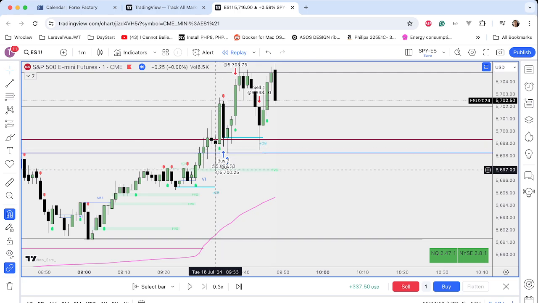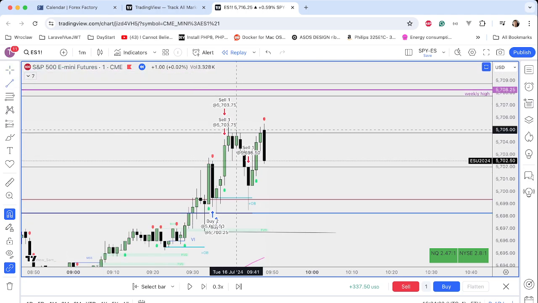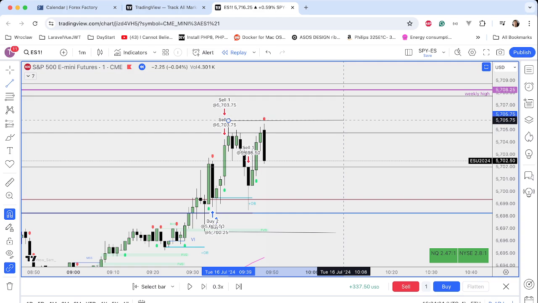So that is the liquidity on the 15-minute candle. And that is the top of the liquidity on the 15-minute candle. So we didn't take the top yet.